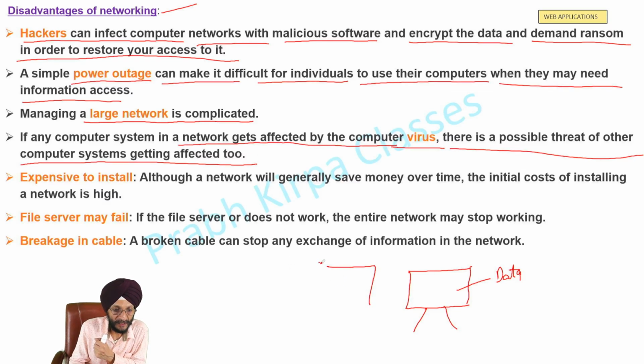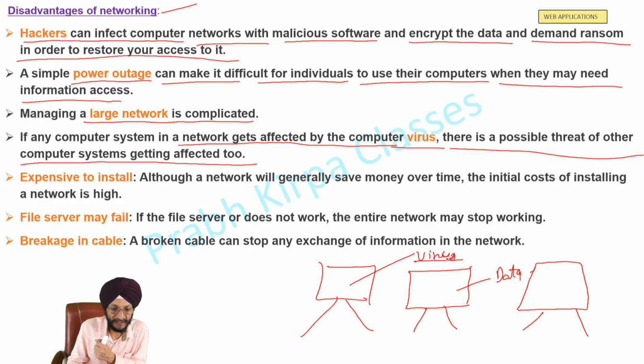Suppose there are many computers on the network which are connected. So if this computer gets infected by some virus, because all these are connected to one another, the virus which has hit this computer may spread to other computers as well.